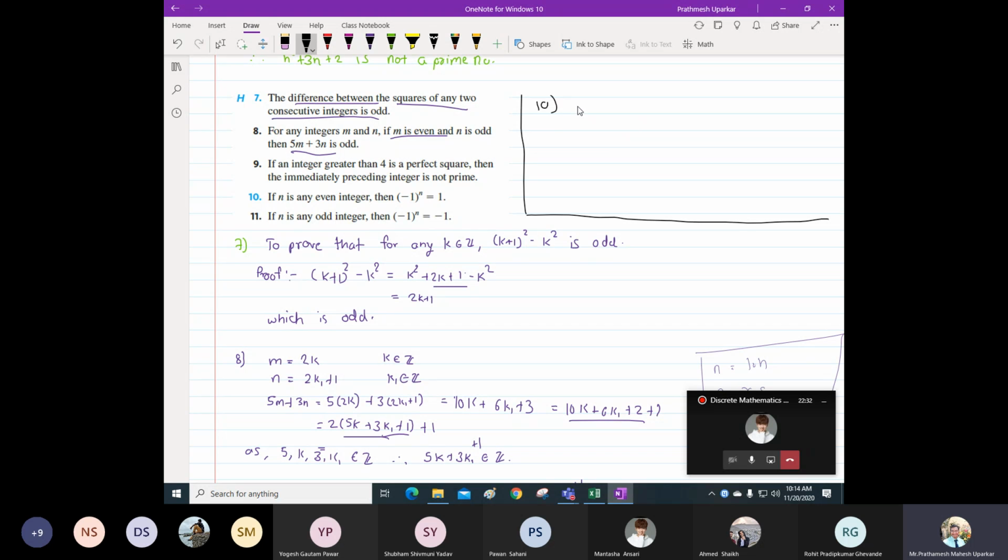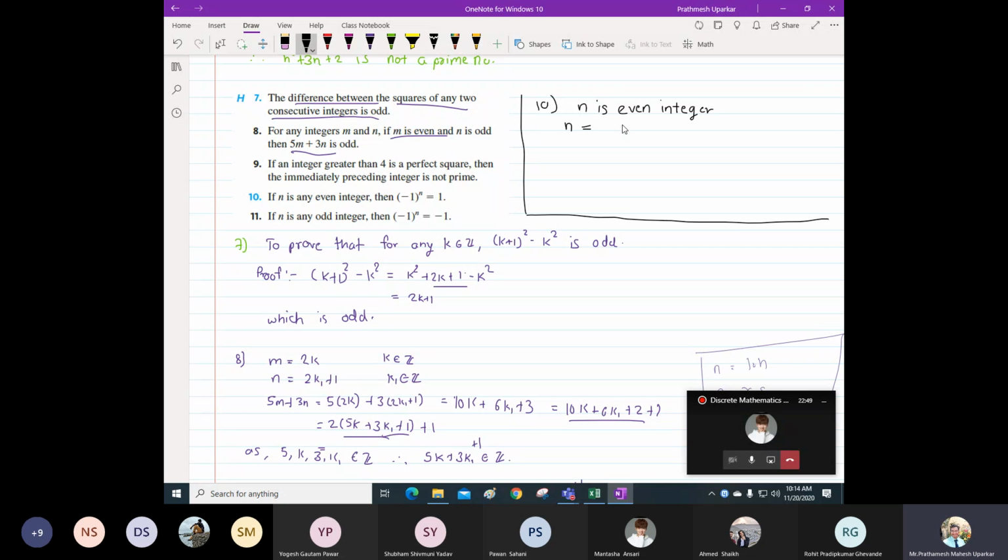So what is given? n is an even integer. What do you mean by even integer? Anyone? What will be the form of n?